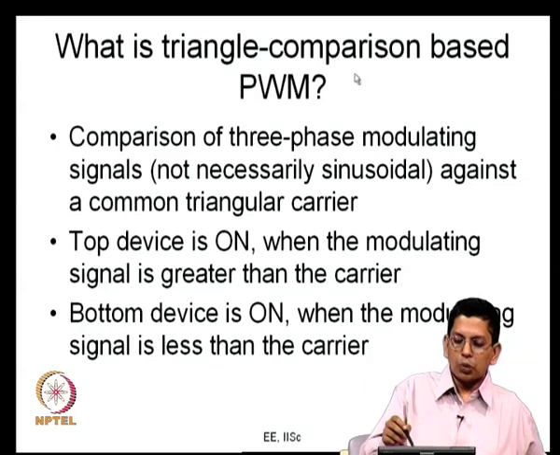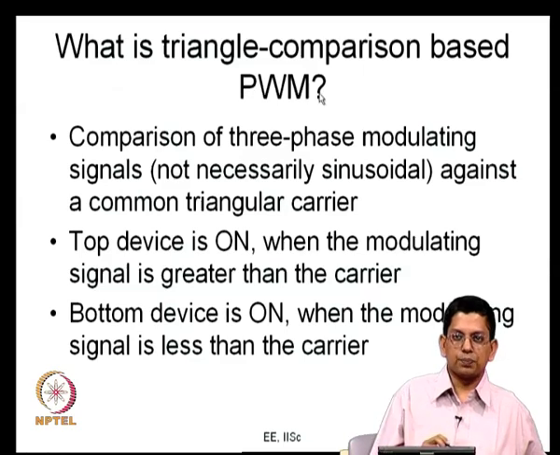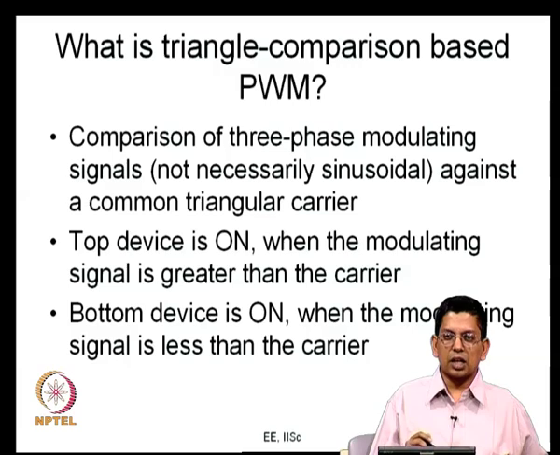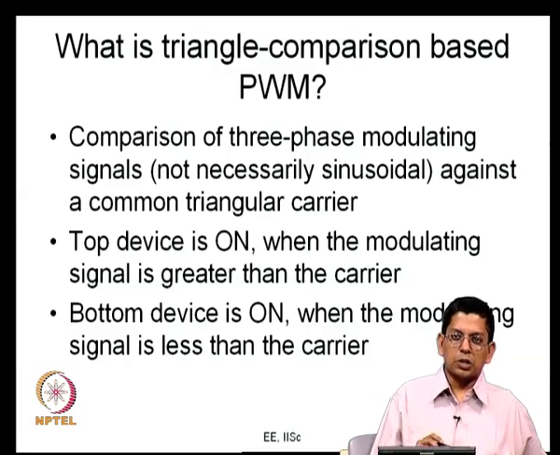One very popular approach is triangle comparison PWM, which has been around for about 3-4 decades, longer than that. Space vector based PWM is relatively newer; it started being used from the middle of the 80s or so. That is what we will be discussing in the next class.